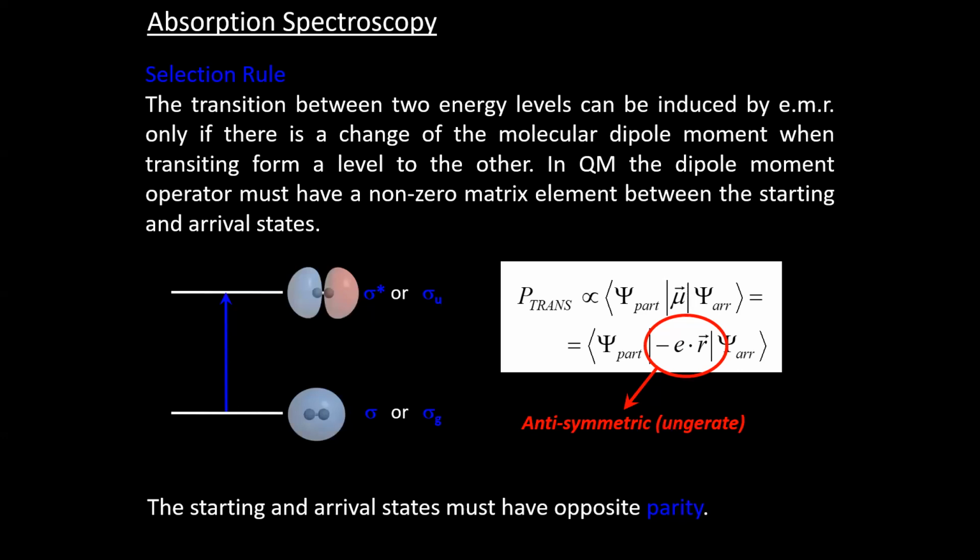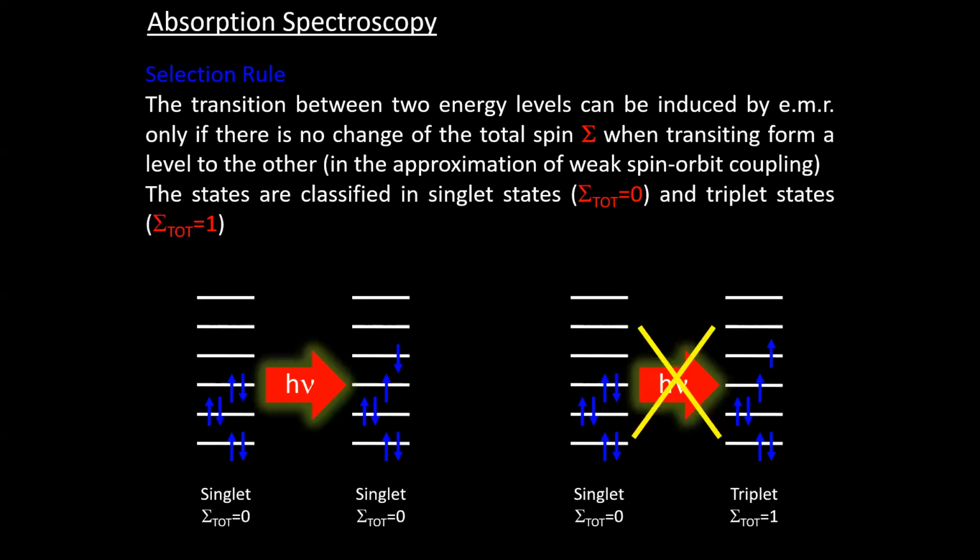The parity of the two states must change from the starting to the arrival state, and the total spin must be preserved. So you cannot have a transition that is driven by light from a singlet state to a so-called triplet state. And always keep in mind that a neutral molecule in a ground state is always in a triplet state. So the ground state is always a triplet.